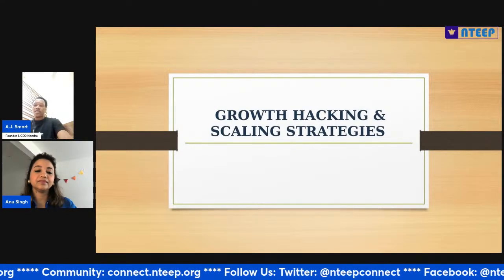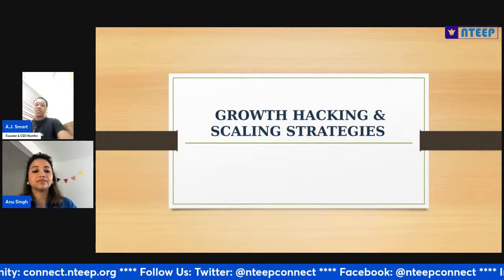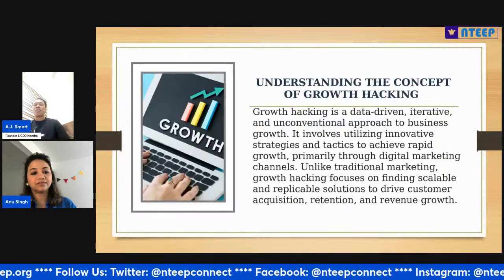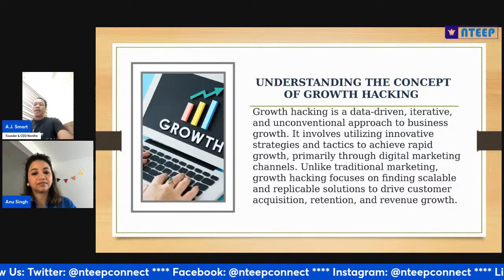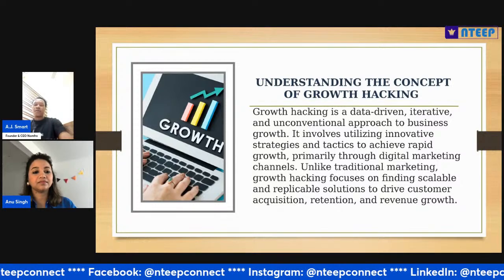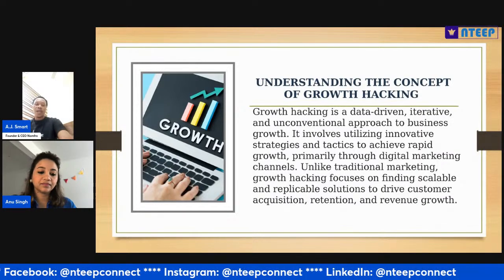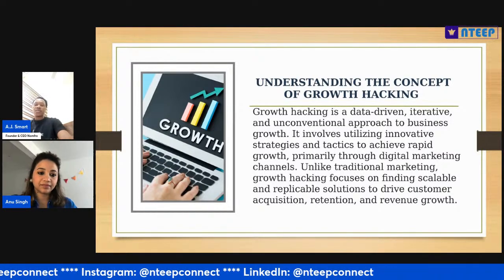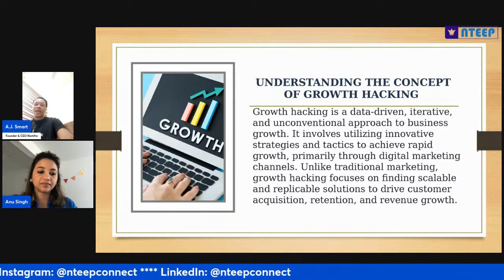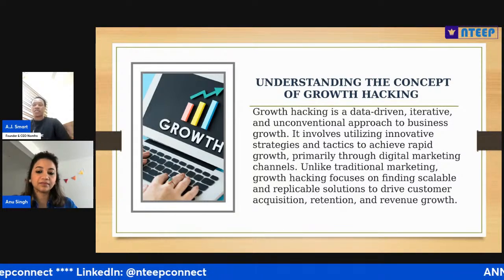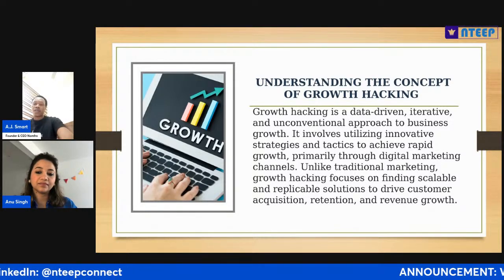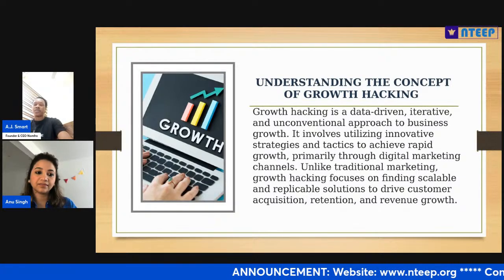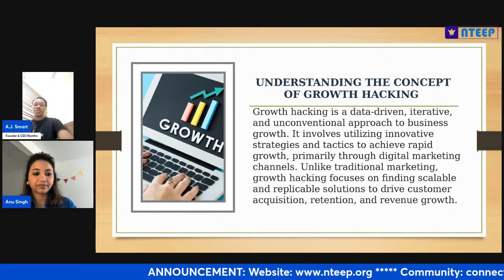In a nutshell, let's start with understanding the concept of growth hacking. The first thing to understand is that growth hacking is a data-driven, iterative, and unconventional approach to business growth.